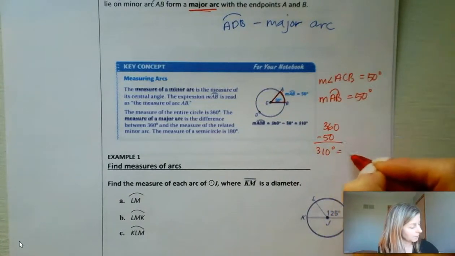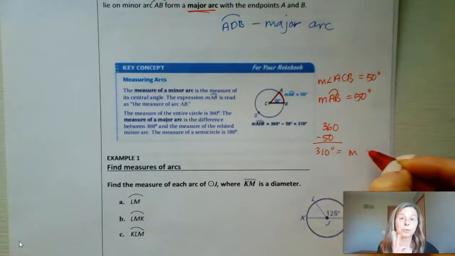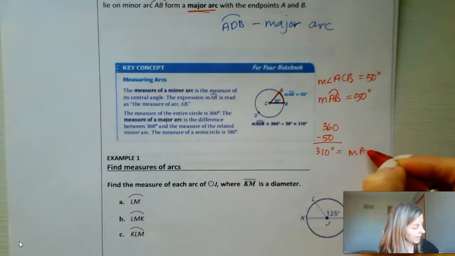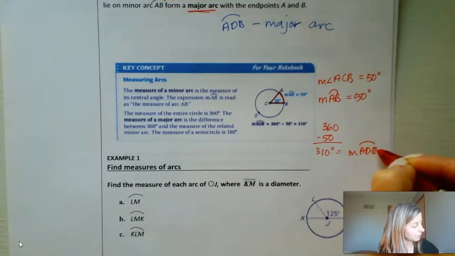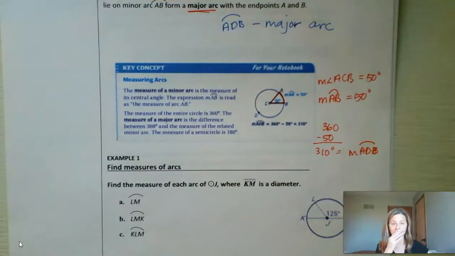Okay, so that would be equal to the measure of arc. Now I want those three letters. I'm going to say it's A, D, B, and I want a little arc symbol above all of them. Okay, so they have that relationship where they should add up to 360, and you can name the major versus the minor.